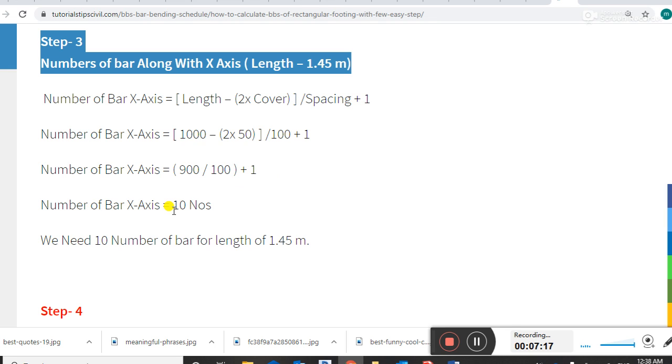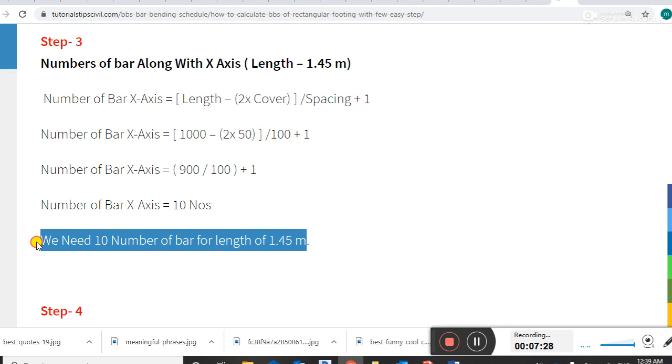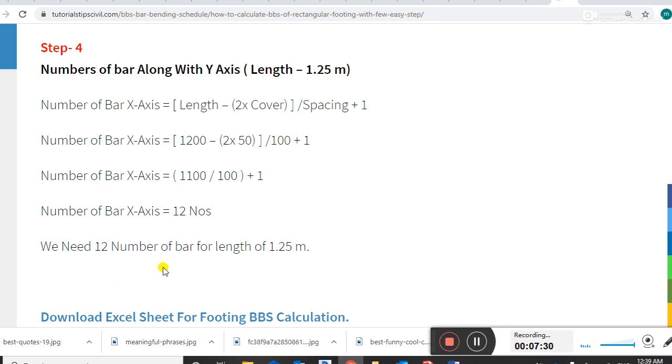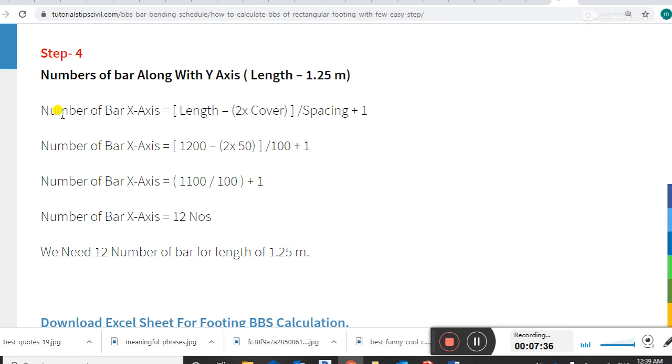Number of bars in x-axis is 10, guys. After calculation, we need 10 bars for a length of 1.4 meters. Very simple, just follow the steps and formulas, you will get the result.